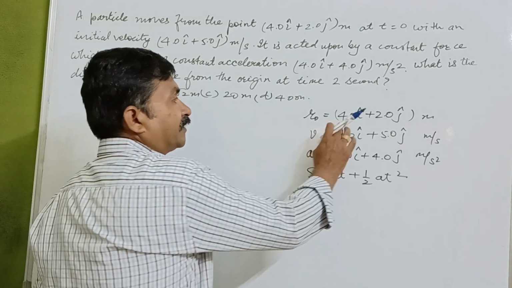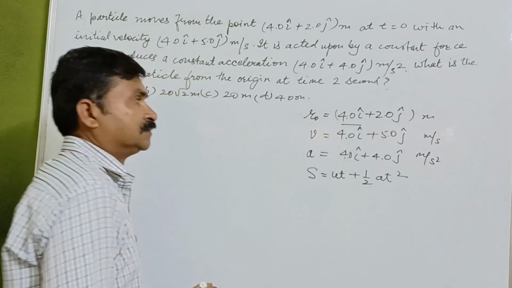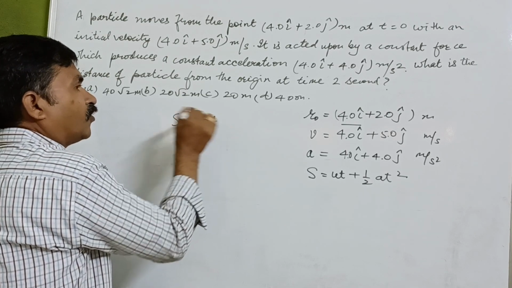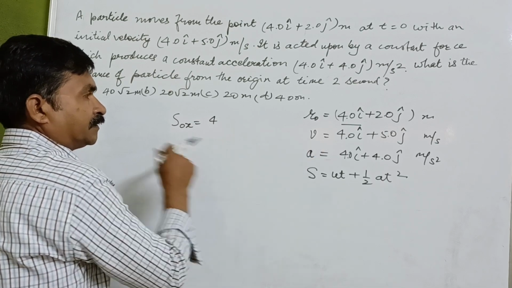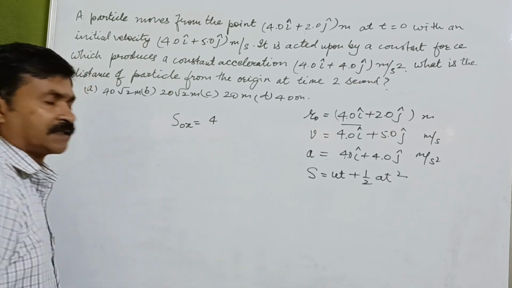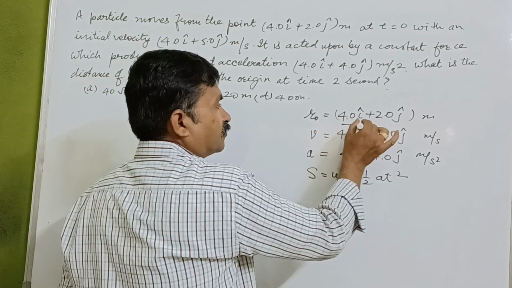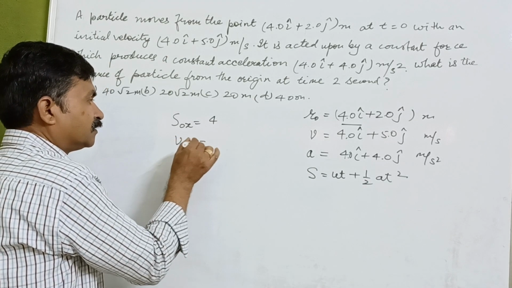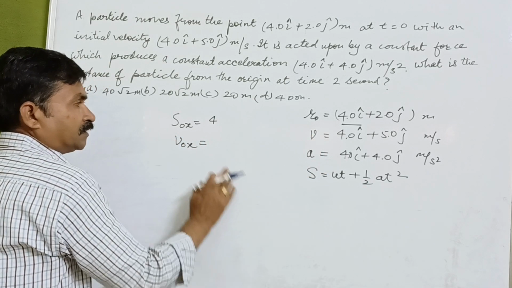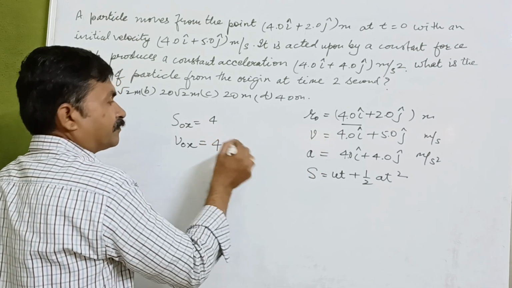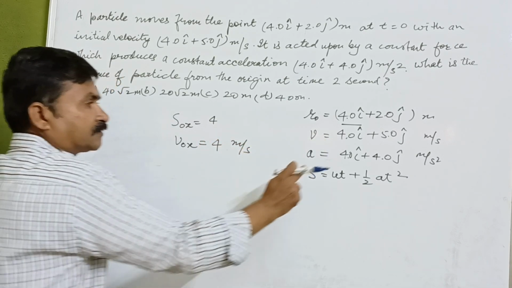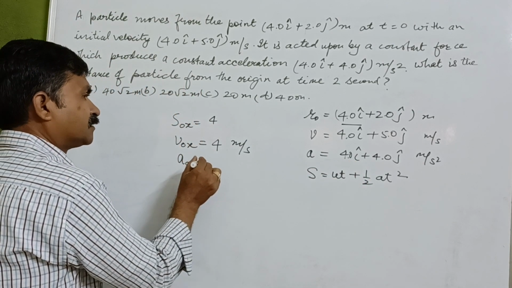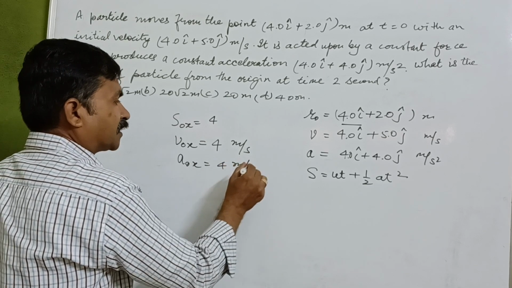So we can take this as Sx. The x component of the initial velocity, Vox, is 4 meter per second, and similarly the x component of acceleration, Ax, is 4 meter per second square.